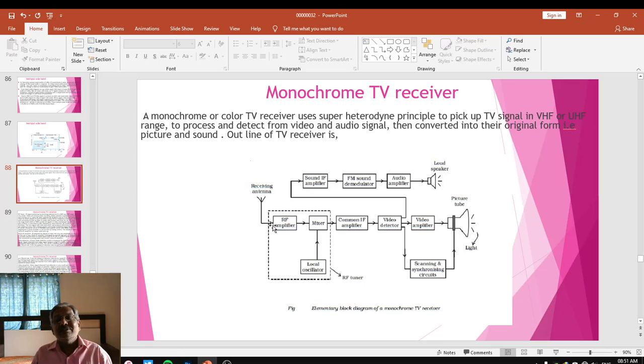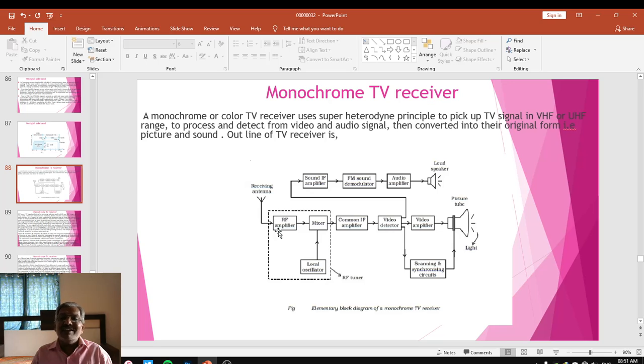Not only that, the RF amplifier accepts only the wanted signal and rejects unwanted adjacent channel frequencies. It also reduces the high frequency distortion as it possesses the proper signal to noise ratio, so that the signal power received by the RF amplifier will be more and noise will be less.